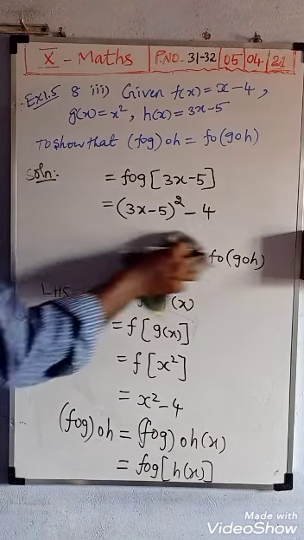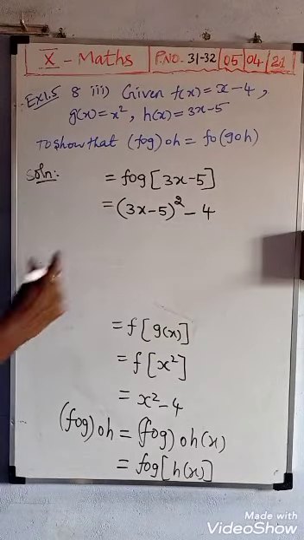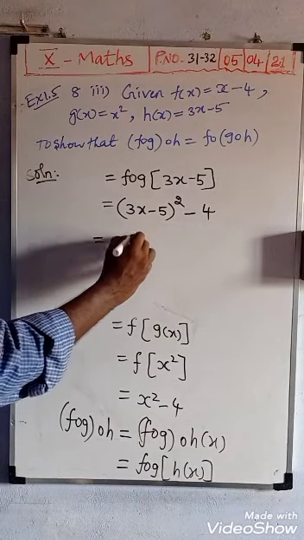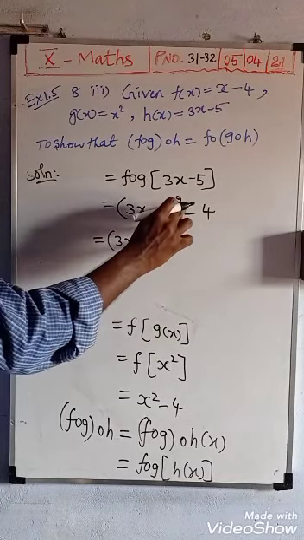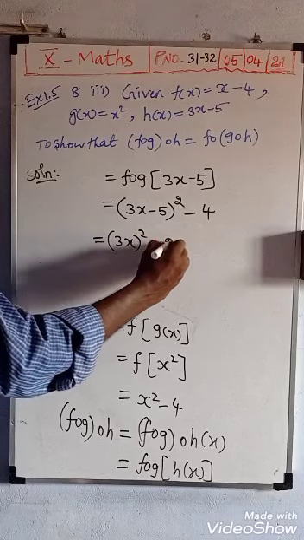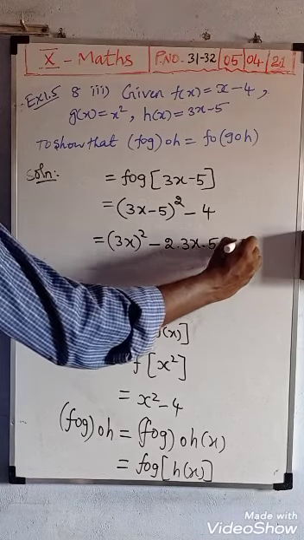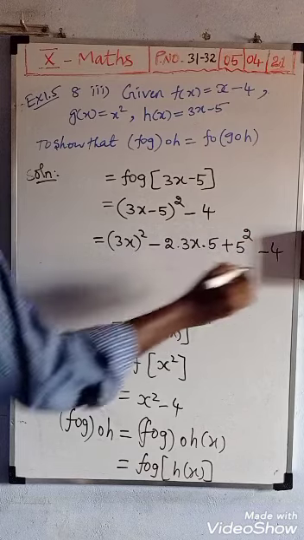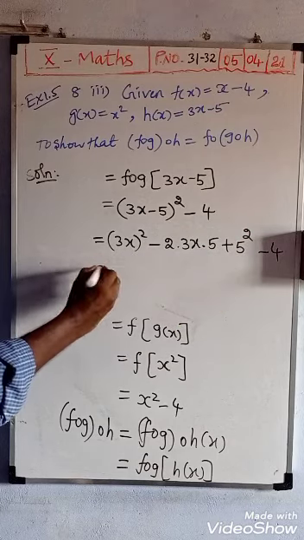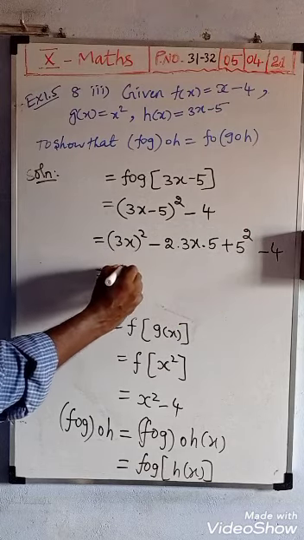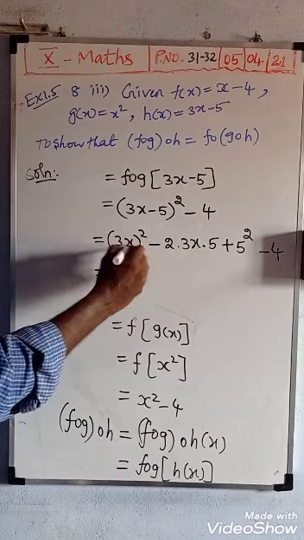This you should expand. Expand (a minus b) the whole squared: a squared minus 2ab plus b squared. This minus 4 stays as it is. Now 3 squared is common for both, so 9x squared, since 3 squared means 9.